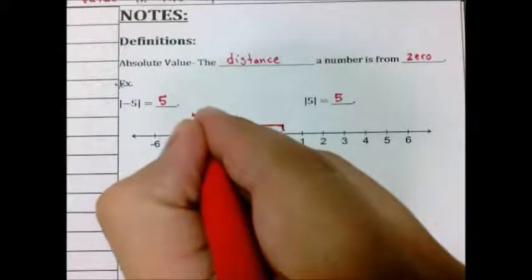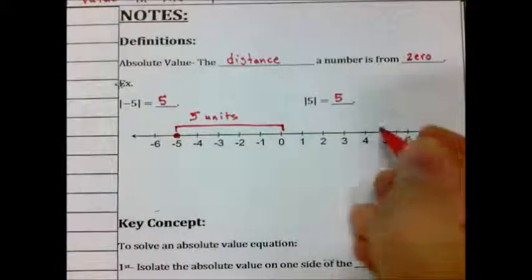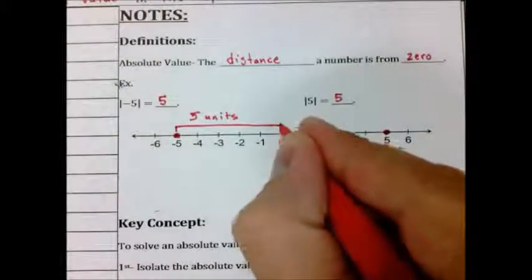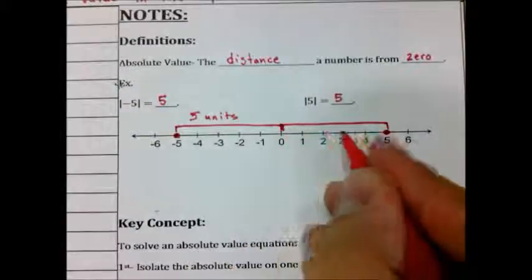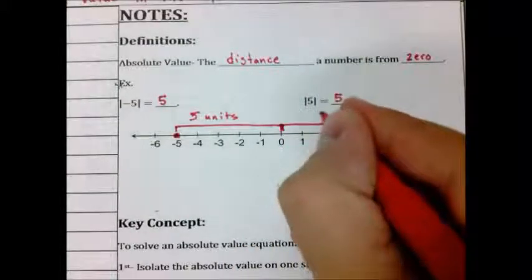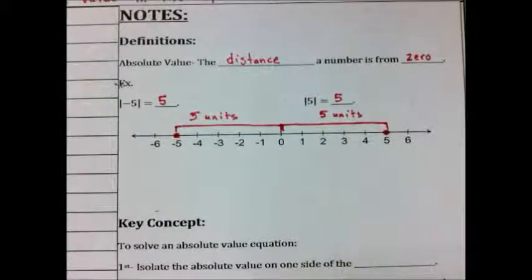It's 5 units away from 0. Same goes for 5. Mark 5 here. We want to find our distance away from 0. Again, 0, 1, 2, 3, 4, 5. We're still 5 units away when we're talking about the distance a number is from 0.